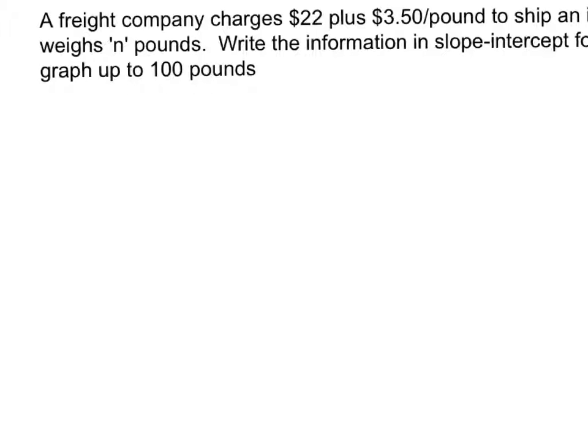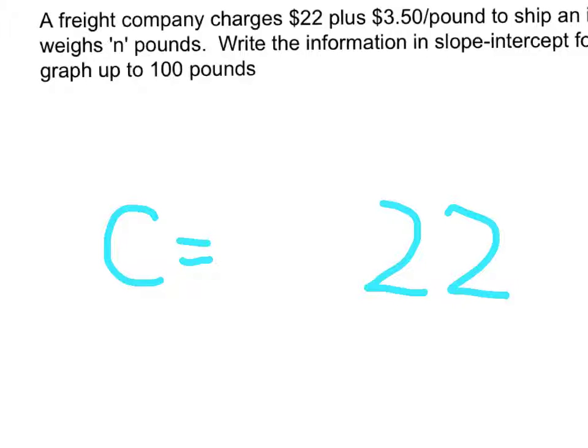Okay, so we want to set up an equation in slope-intercept form. So C must be equal to the cost. So we will put C equals to represent that. Then we have the initial cost of $22. So we will write $22 on the opposite side of the equation.